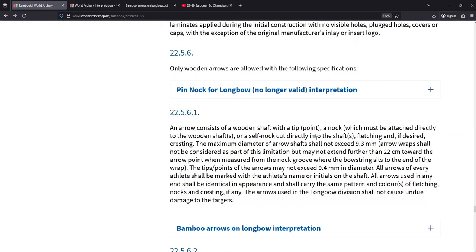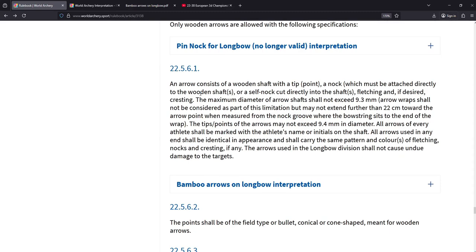And there are a few specifications. We'll skip the clarification here because this is no longer valid. It's there historically, so it's kept as a document, which we'll look at, but we'll go through the definition of an arrow. So an arrow consists of a wooden shaft with a tip or point, a nock, which, emphasize, must be attached directly to the wooden shaft, or a self-nock cut directly into the shaft.